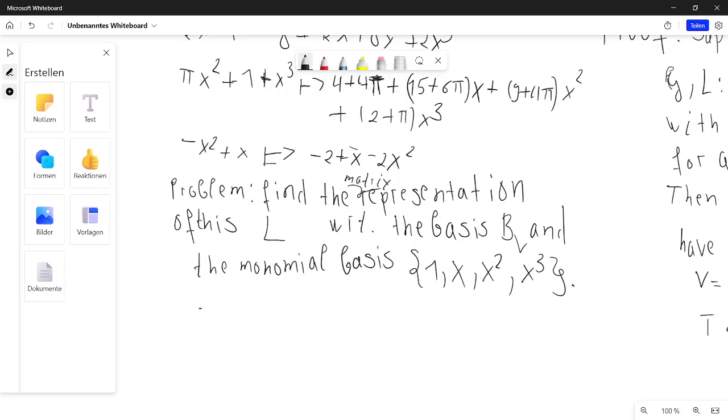Such a representation is usually written like this: here's our map, right? And here's BV, the basis of the space from which we go. Here it's the same space, but it's this basis from which we want to go, and we want to go into the monomial basis. Let's call it BM.